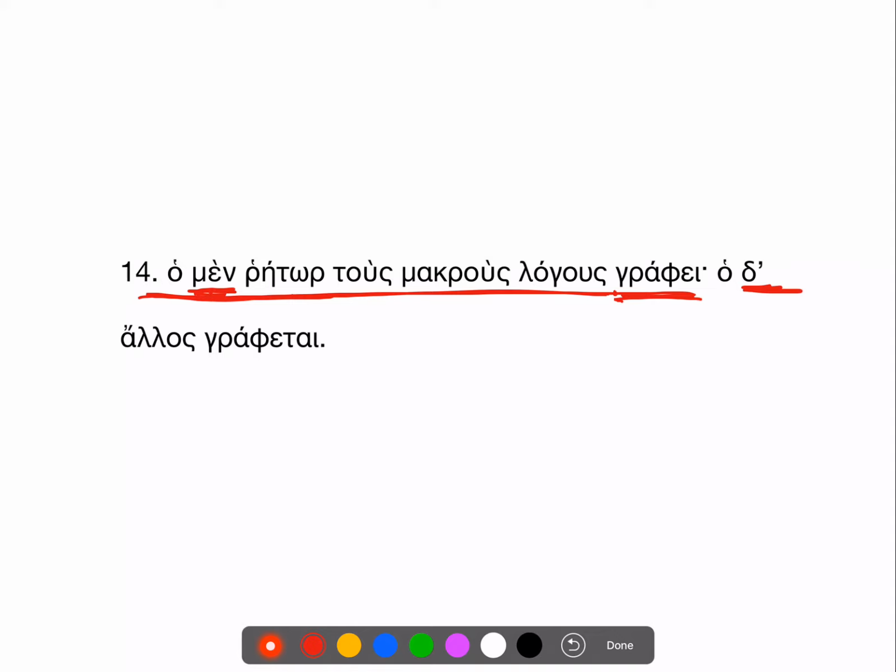And on the other hand, ho allos, the other guy, graphetai. I think let's make that middle. So on the one hand, the rhetor is writing the long speeches. On the other hand, the other guy is being indicted.